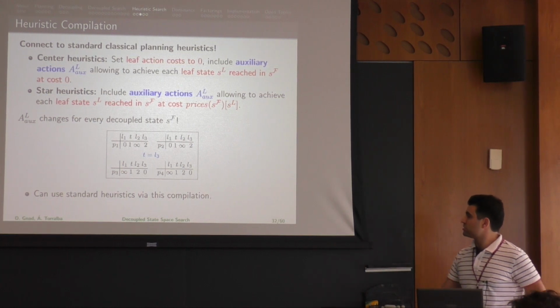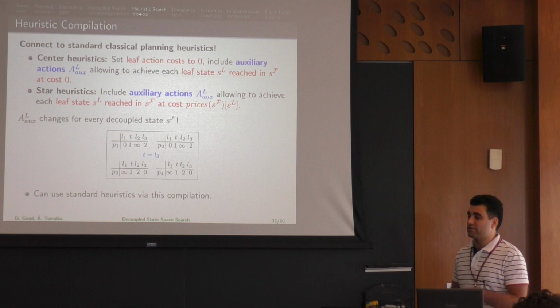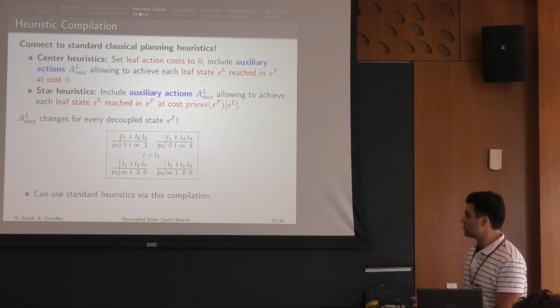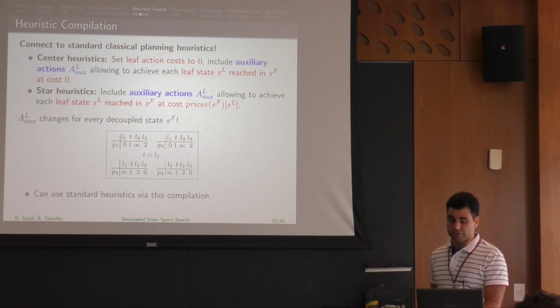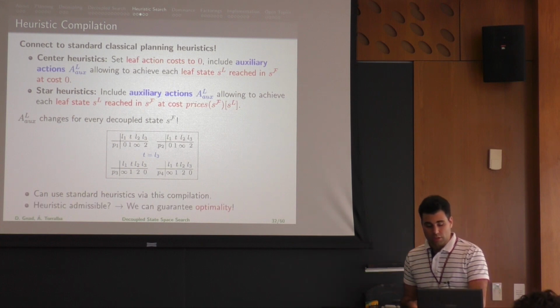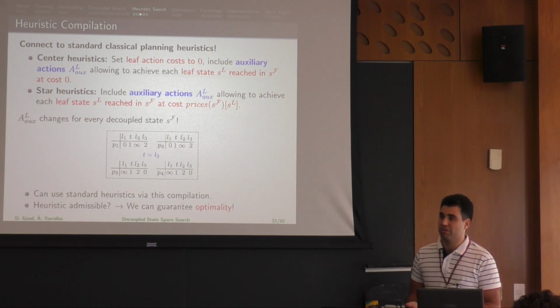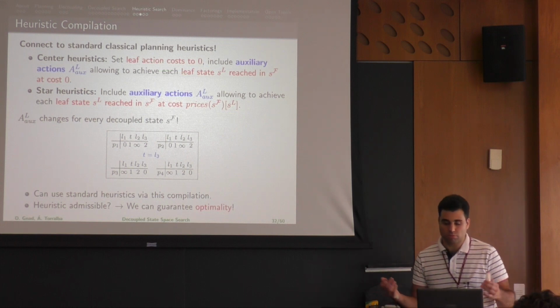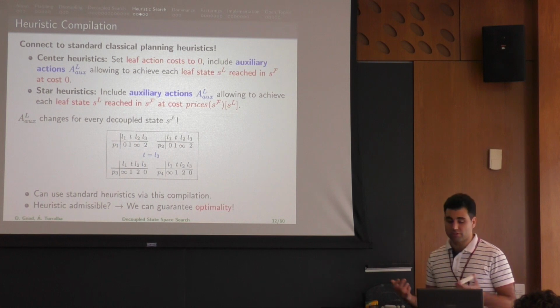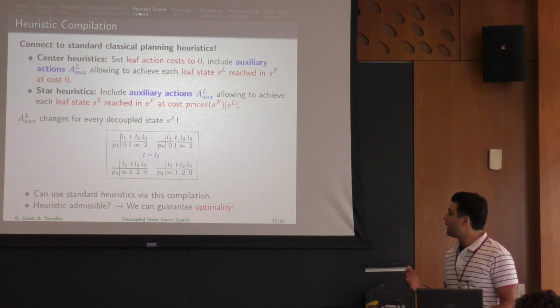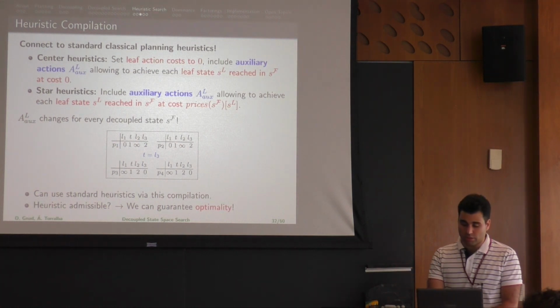You can just compute this, add these actions to your planning task, compute the heuristic in that different planning task, and use the estimation for your search. And if the heuristic is admissible, star admissible is what we want, but of course center admissible would be okay too, we can guarantee optimality.